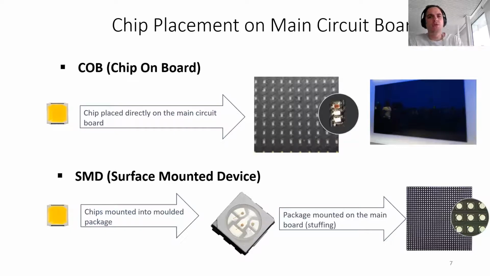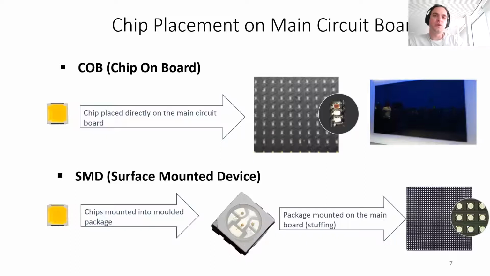Now, before I continue, I also want to point out that every technology has its own distinct advantages. So depending on the application and depending on the situation, one technology might still be preferred over the other one. So it's not by definition, for example, that the most expensive product is in any situation the best choice. For example, if we consider chip on board, the diodes are placed directly onto the LED module.